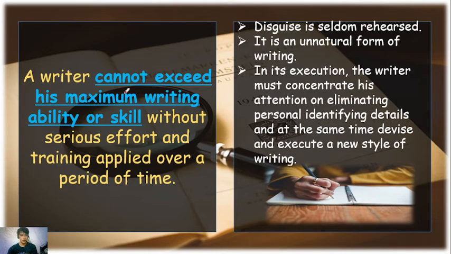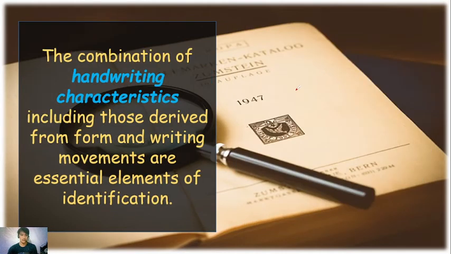So anyway, a writer cannot easily exceed his maximum writing ability or skill, or cannot easily disguise unless he tries to practice it, or gives training and effort in practicing how he disguises his handwriting. But disguising your handwriting is very much difficult.